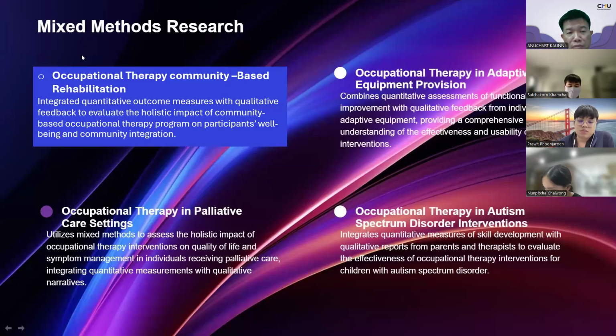Mixed method. Mixed method is mostly done for a PhD. When you study in the UK, or in Australia, or in the United States, even though we do something, we need to make it bigger.